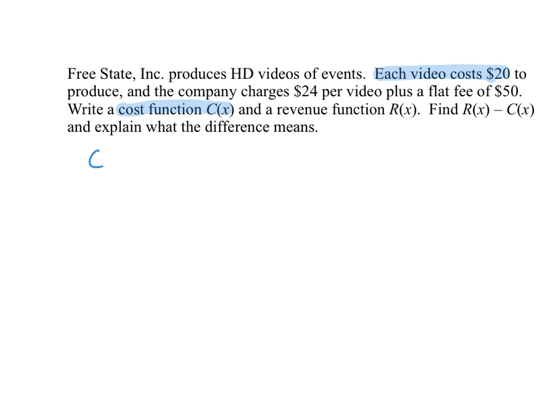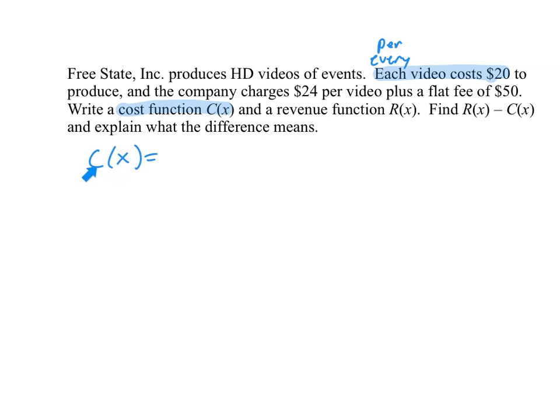So our function c of x equals... In each video, I talked to my students about each, every, and per all being rate words, or slope words, which would tell us that this 20 is our slope. So it's going to be multiplied by our variable, which in this case is not c, it's x.